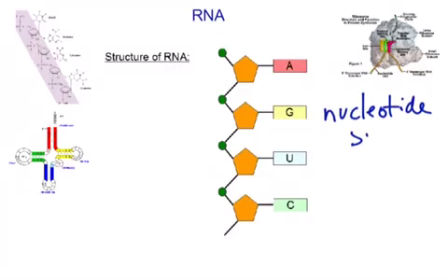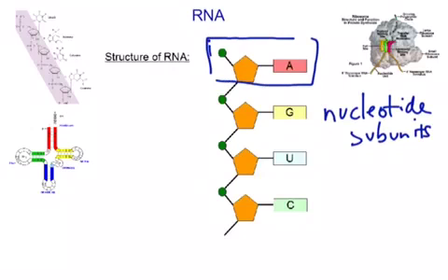So nucleotide subunits. Remember, each nucleotide is made up of a phosphate group, in this case a ribose sugar, which is where the name ribose nucleic acid comes from, and a nitrogen base.